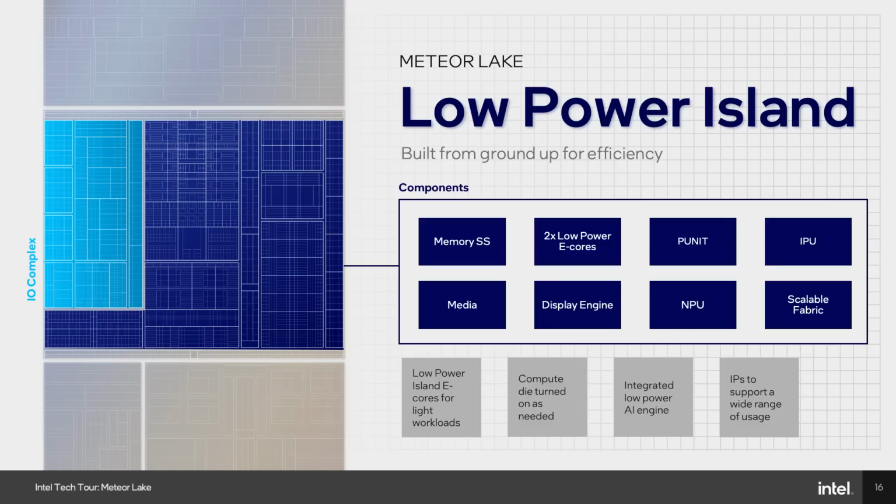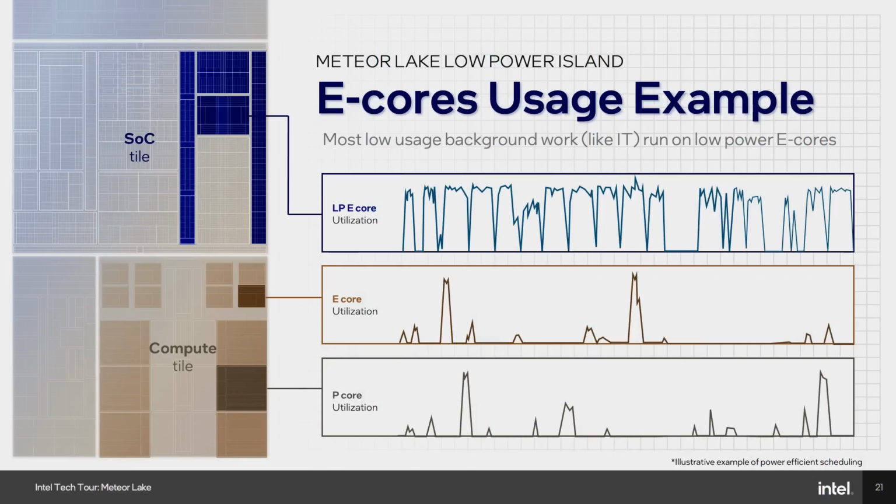And what's great about this is while the low power island is on, we can turn off the main compute tile. As part of the disaggregation architecture that we did with Meteor Lake, we were able to break those tiles up and have the ability to turn some of the tiles off. So let's say you have low usage activity going on that is not scaling, it doesn't need as many cores or anything. We can run it on the SoC tile and keep the compute tile powered down.